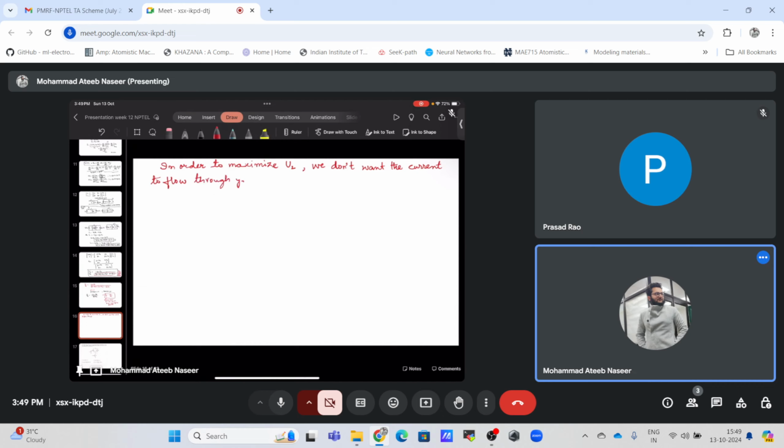Okay, that's what we want. We want Y22 to be equal to 0, and we do not want current division. We want all the current to flow through Gl.